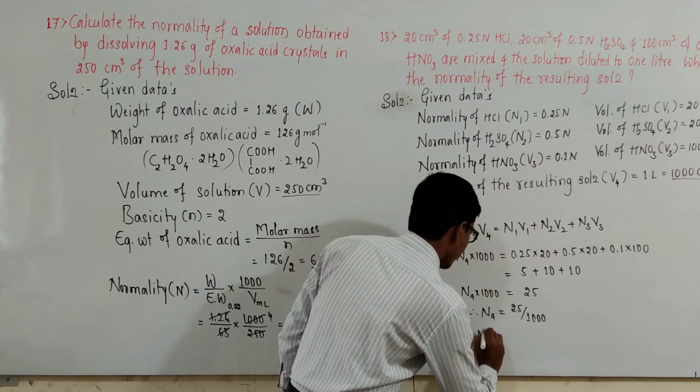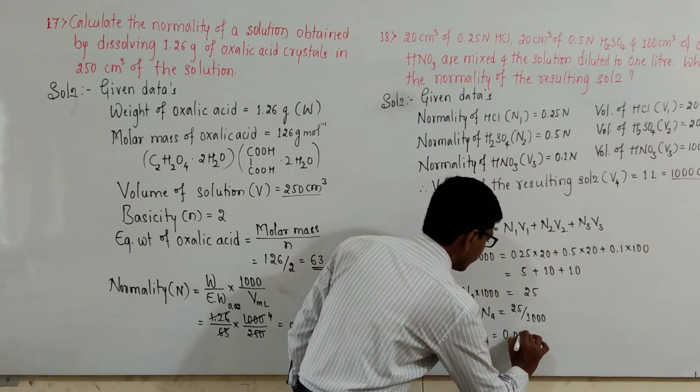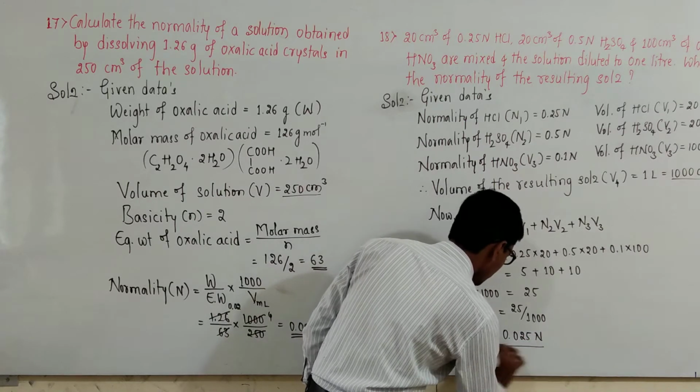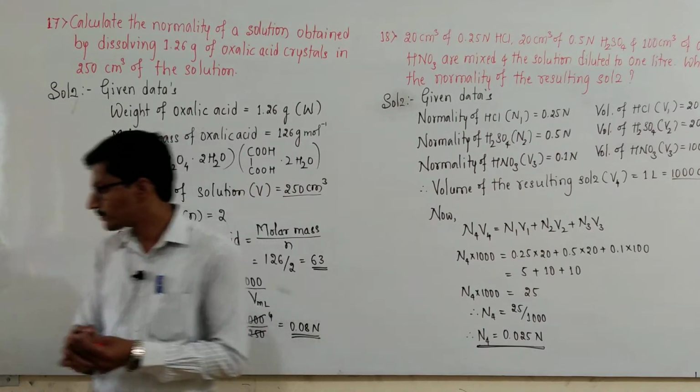Therefore, the normality of the resulting solution becomes 0.025 normal. This is the normality of the resulting solution.